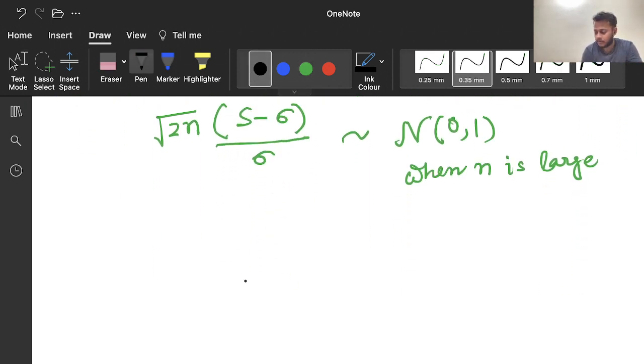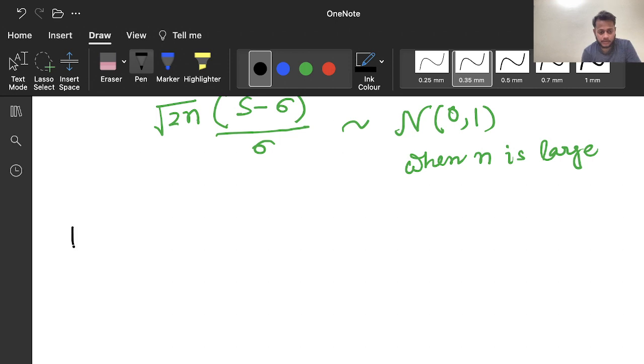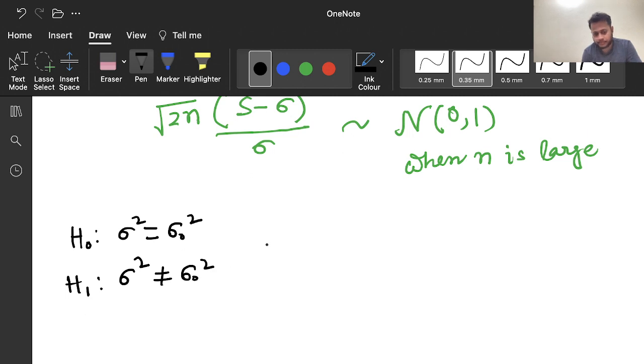Now here the null hypothesis H0 is sigma square equal to sigma 0 square, and the alternative hypothesis is sigma square not equal to sigma 0 square.